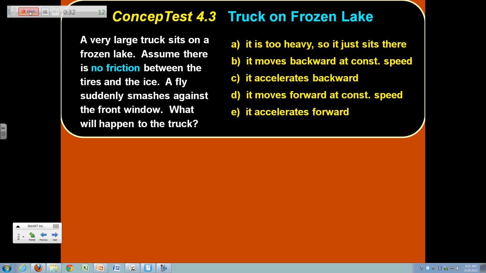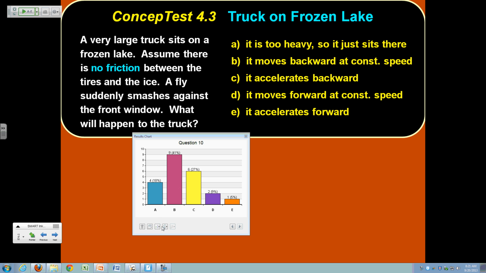Okay, now I know the answer. It's not a trick. So if the truck is not moving at all, it's completely stationary. What law are we basing this off of?